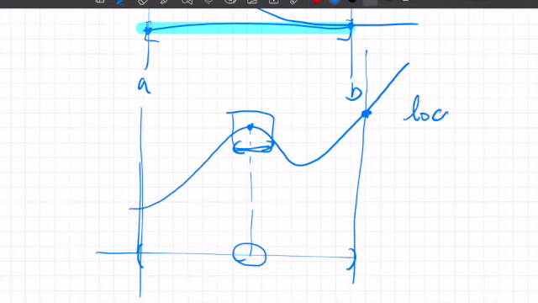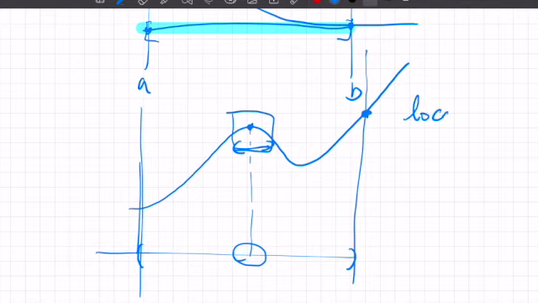Then within this interval, the value of f of a is the maximum. But if the delta is too big, for example, if we take delta really big like this, then some other point, for example this point, may be greater than this point.